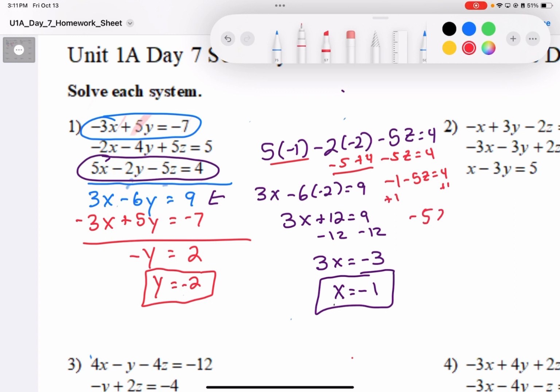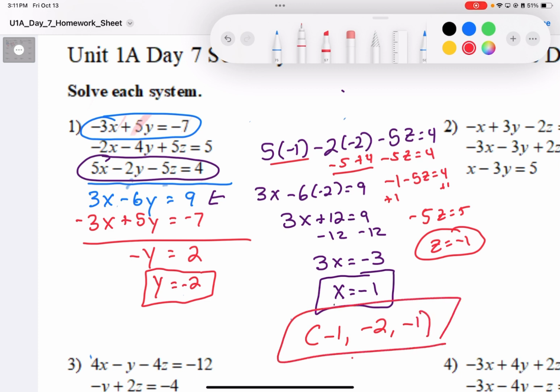Negative 5z equals 5, z equals negative 1. So our solution is negative 1, negative 2, negative 1. Ta-da! It works. If I plug it into that first one, that's negative 5 plus 4 plus 5. Yep, it works.